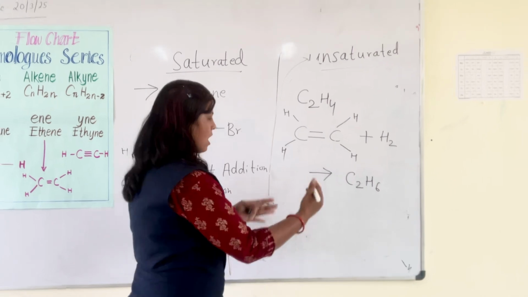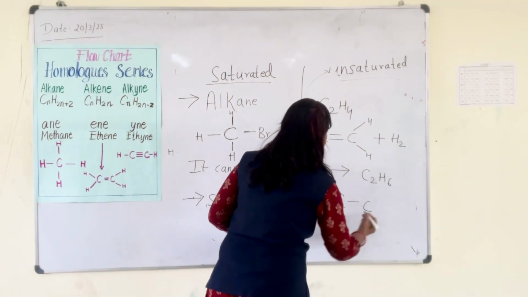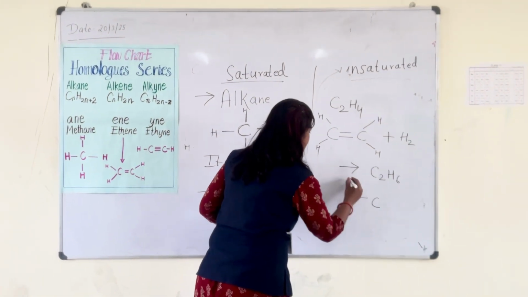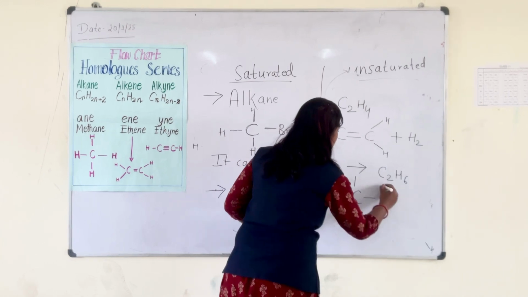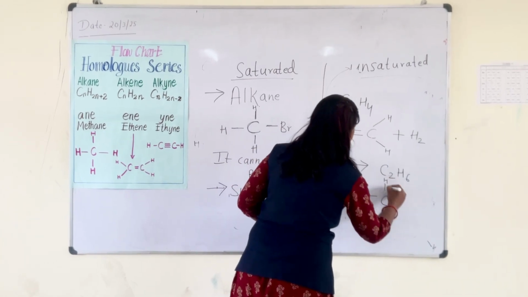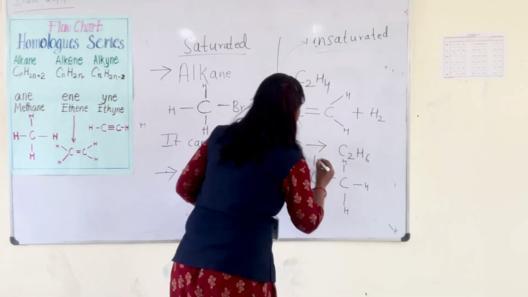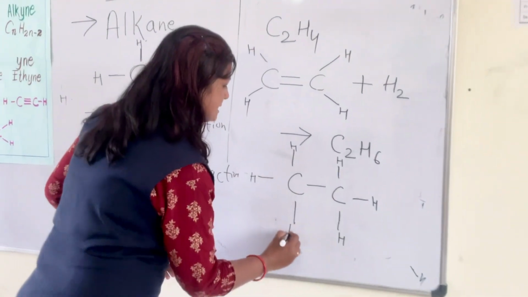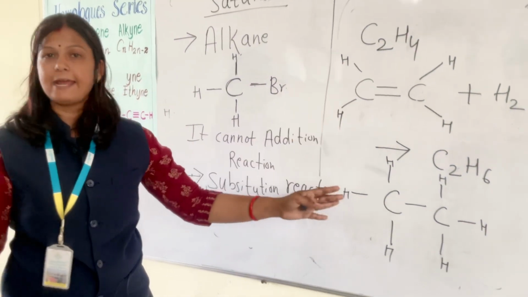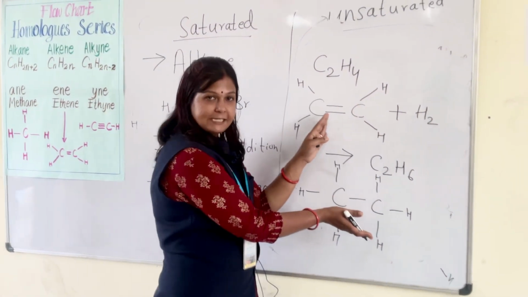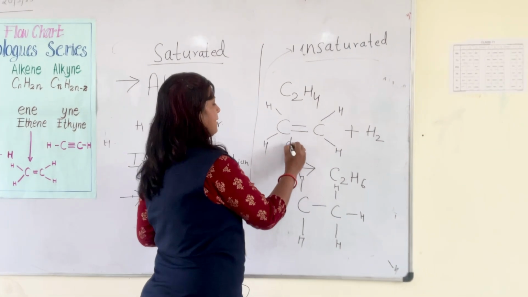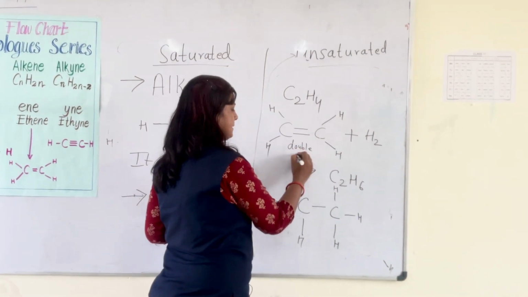C2H6. Now how will the structure be? C2 hydrogen 6. 1, 2, 3, 4, 5, 6. Now see here children, you made a big difference here. What have I done here? I have placed a double bond.